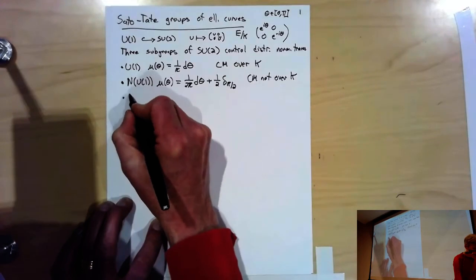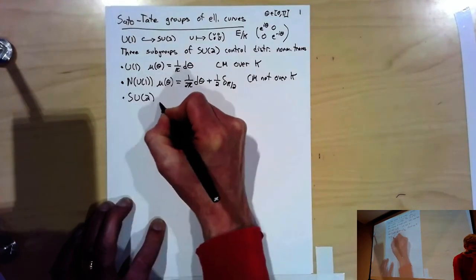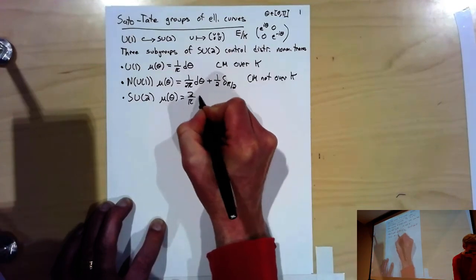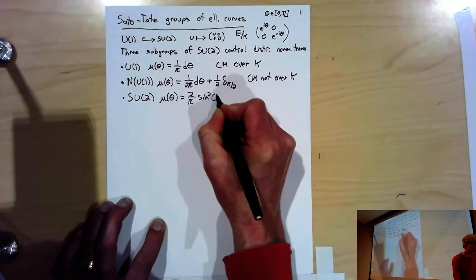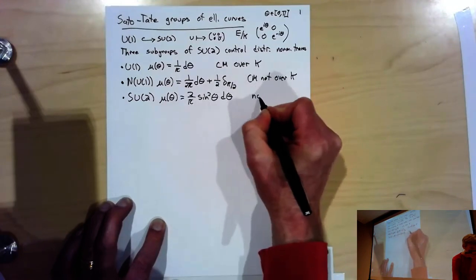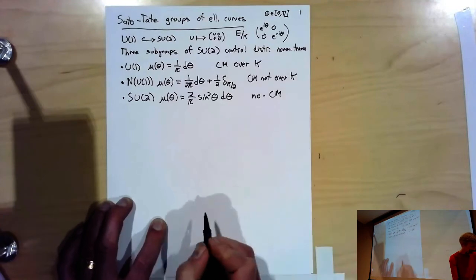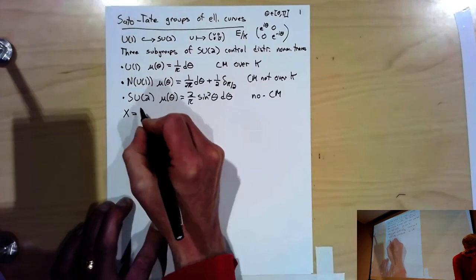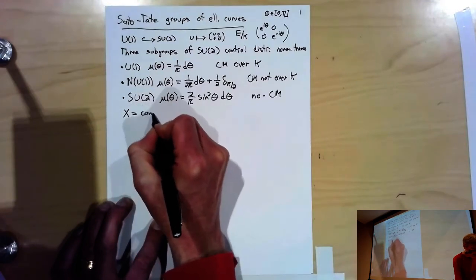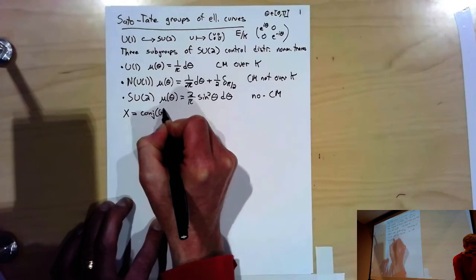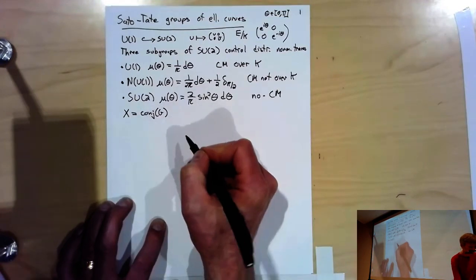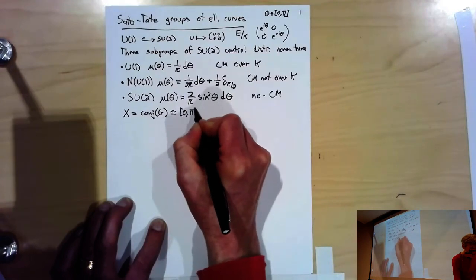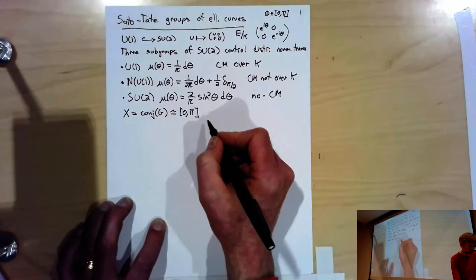And then the third case, the generic case, is we get all of SU2, and in this case the measure looks like 2 over pi sine squared theta d theta. In terms of our equidistribution statements, we're always talking about equidistribution in the set of conjugacy classes of our Sato-Tate group. Let G denote our Sato-Tate group, which in this SU2 case I've identified by expressing it in terms of eigenangles with the interval 0 to pi.